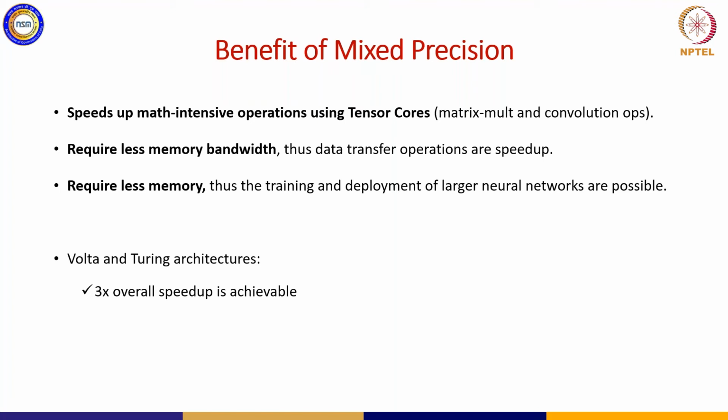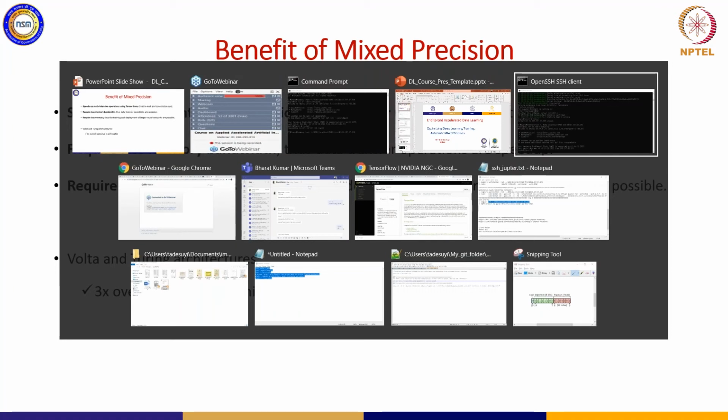After using mixed precision, another benefit you get is a minimum of 3x speed up based on the Volta architecture and also the Turing architecture, if these are the GPU architectures you use. But if you use Ampere, you will definitely get more than that. If you want to know the class of your GPU architecture, you can check online.